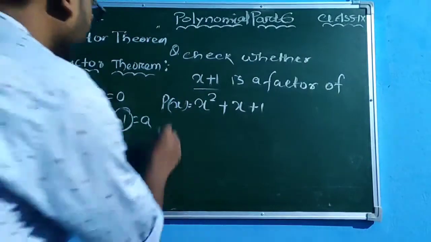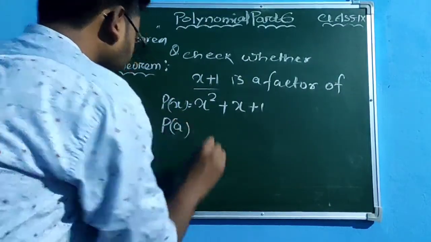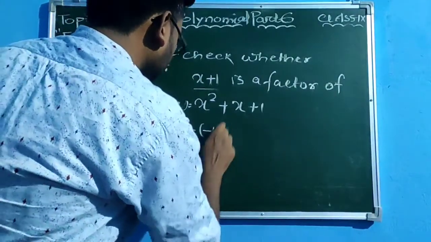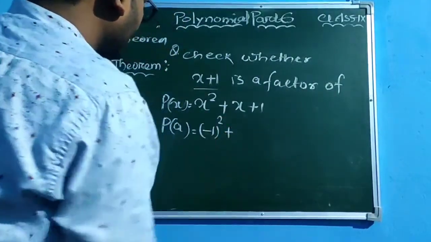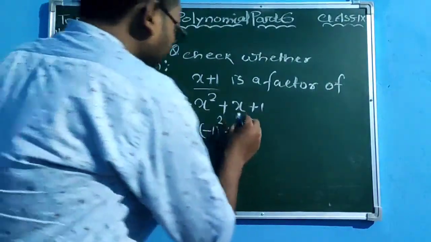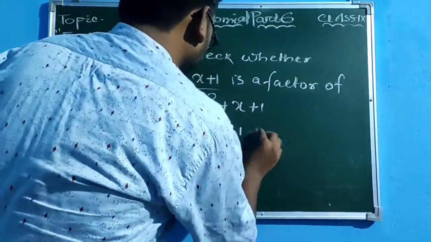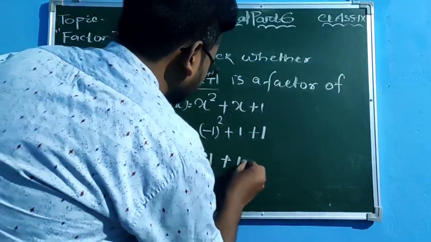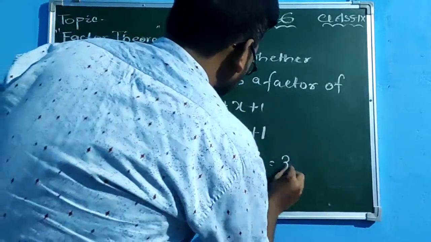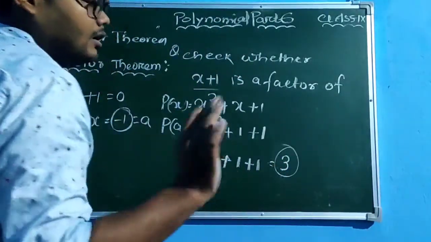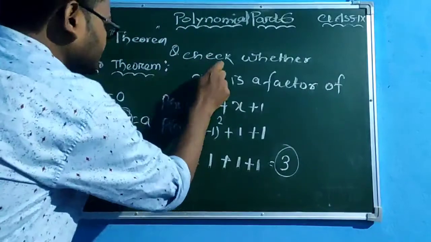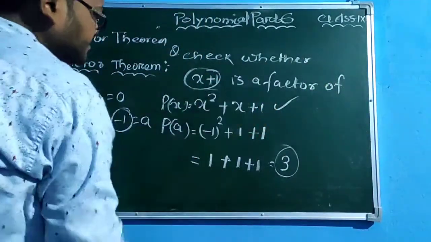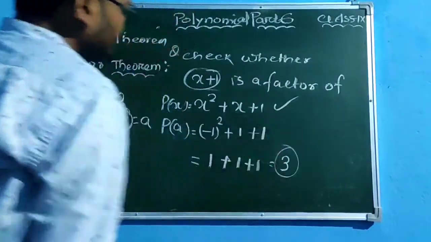Now p(a) is minus 1 square minus 1 plus 1. 1 minus 1 plus 1, this is 1... Here p(a) is not 0. That's why x plus 1 is not a factor of this polynomial p(x).